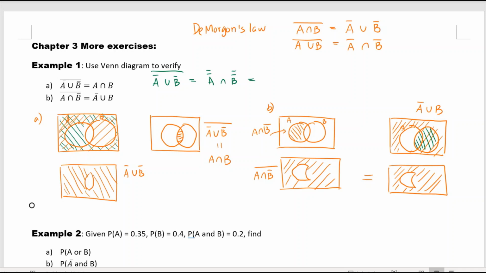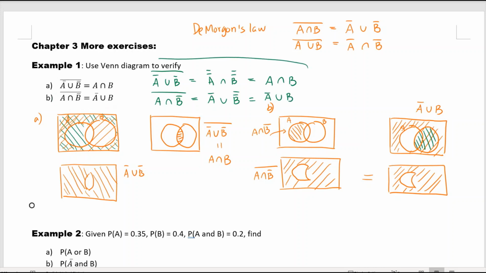So the complement of the complement is just A, and we have A intersect B. That is exactly the right hand side. And then for part B, when you distribute the complements, intersection becomes union, and the complement of the complement of B cancels, so we just get B. That's why they're the same.